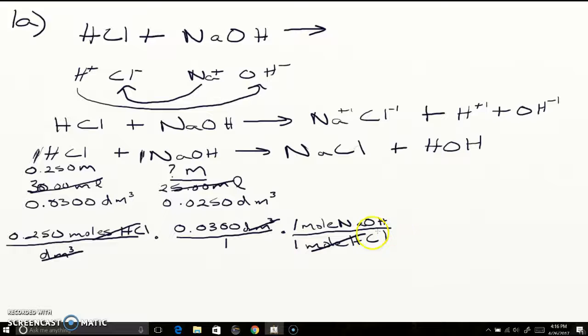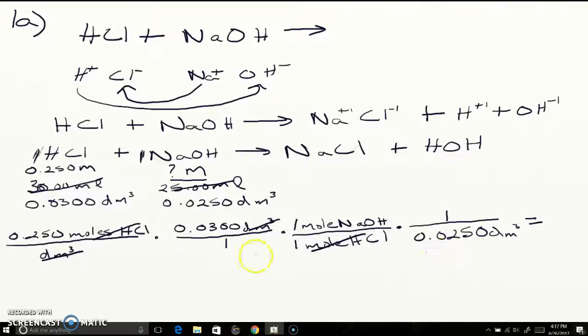Now I have moles of sodium hydroxide, and all I need is a molarity. So once I have moles, I'm going to have 1 over the volume, the volume of NaOH. So it's 0.0250 decimeters cubed.